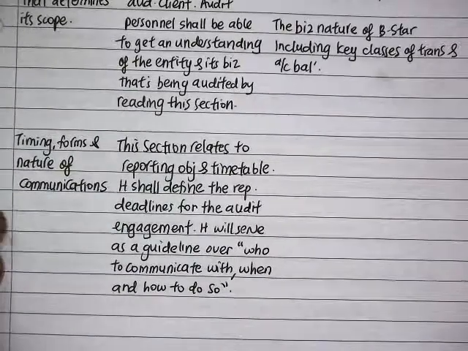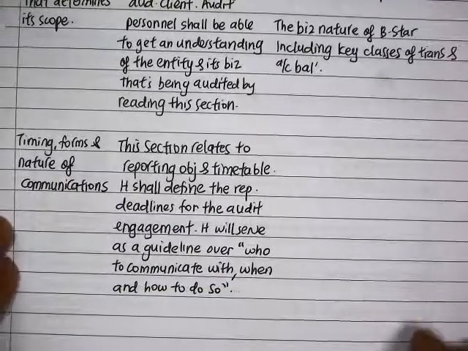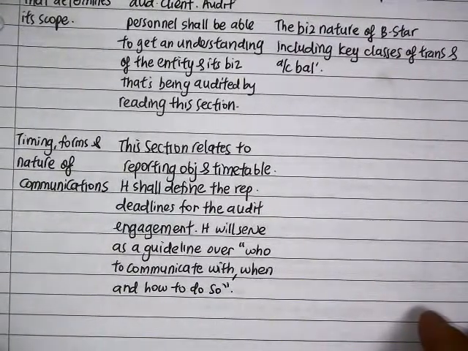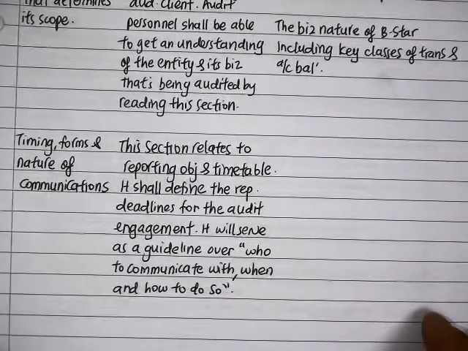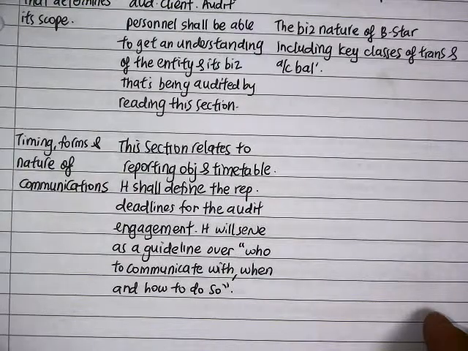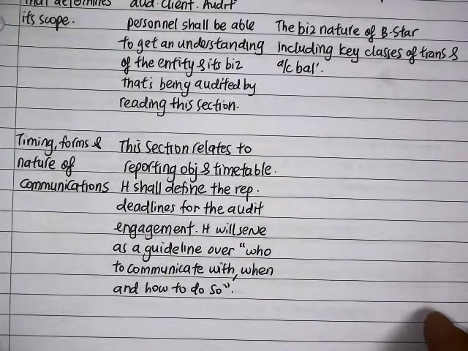Now, what do you put in over here? The most important thing is the reporting deadline. When do you intend to authorize the financial statements? When do you plan to issue the financial statements? And then when must we finish the audit?